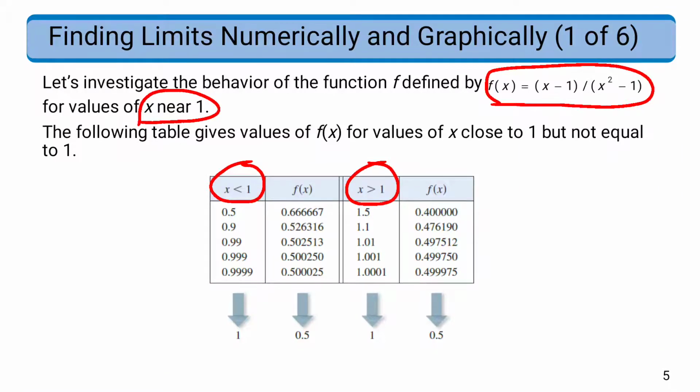The main idea of a limit is to study the behavior of the function as you use values of x, which is our variable in this case, around 1. Suppose we take values which are less than 1, so we are approaching 1 from the left.